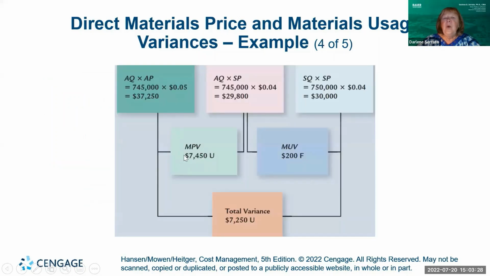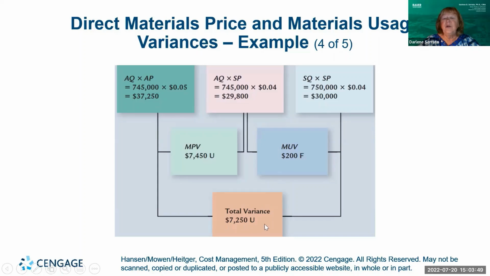This is another way of doing the variances. AQ times AP, actual cost incurred. SQ times SP is standard cost allowed. So we paid $37,250. We should have spent $30,000.